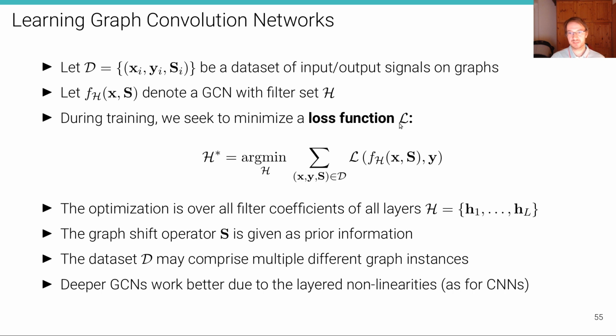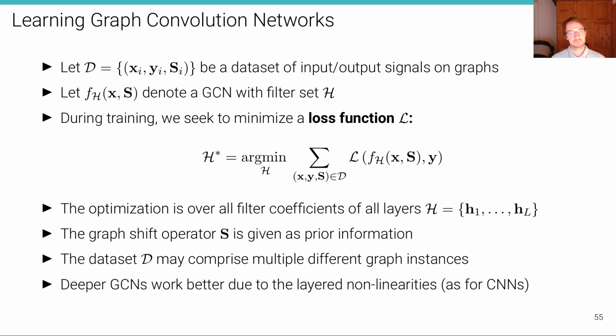And during training, we seek to minimize some loss function that measures the discrepancy between f_h, the prediction, and y, the ground truth output signal. And this optimization is over h, all filter coefficients. The graph shift operator is given as prior information, and the dataset may comprise multiple different graph instances.